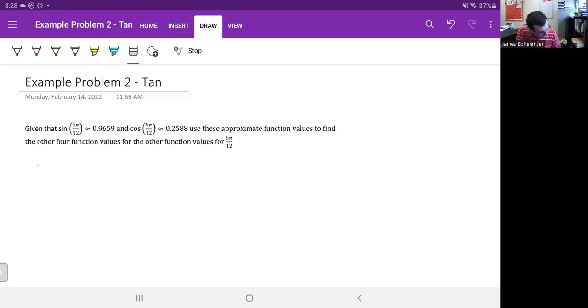So basically, I was correct in saying that it is tangent of 5 pi over 12. But we need to figure out what angle divided by 2 gave us 5 pi over 12. That's the whole process of us having to work backwards. So the angle divided by 2 gives us 5 pi over 12.